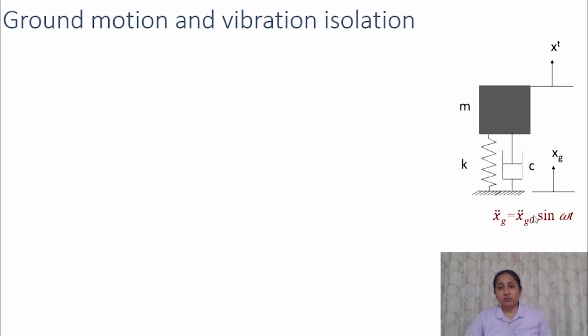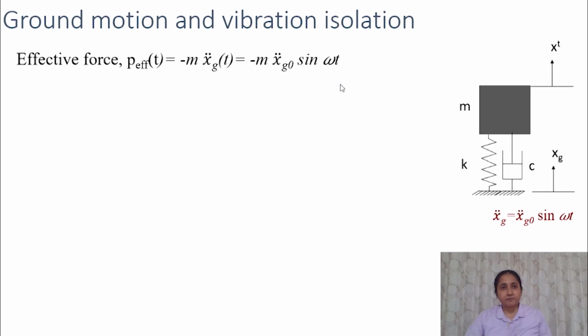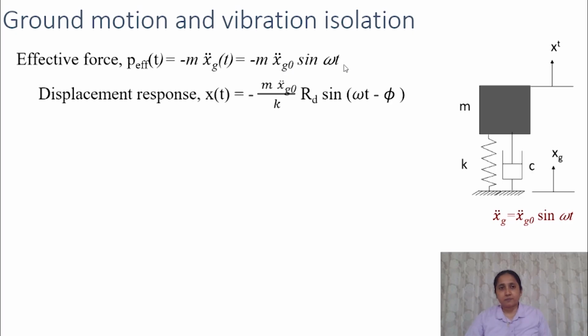So this ground vibration will be transmitted to the system, and we will find how that transmissibility is. So the effective force acting on the structure because of this base acceleration would be equal to minus m multiplied by this ground acceleration. So this is minus m x double dot g naught sine omega t.